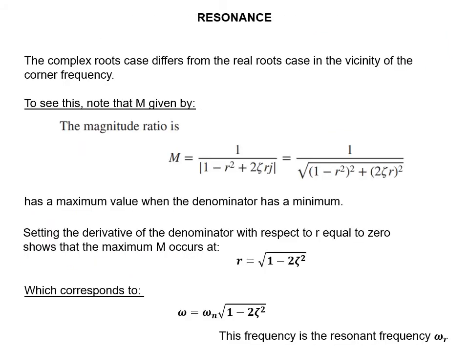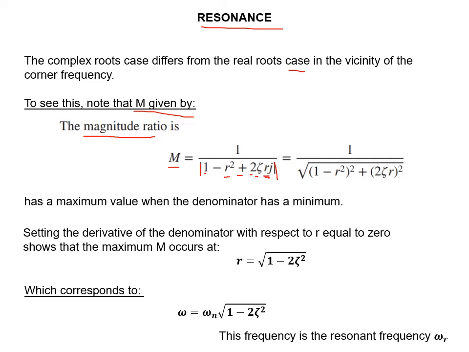So when we're talking about resonance, we note that the complex roots case differs from the real roots case. We can see this in the note that our magnitude ratio m is given by m equals 1 over the magnitude of 1 minus r squared plus 2 times our damping factor, rj.